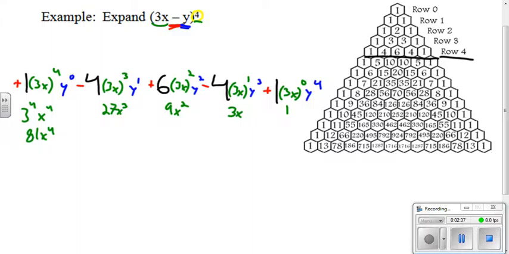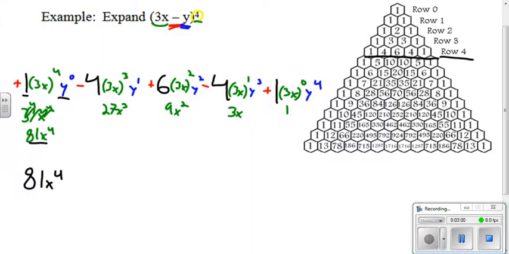So now we've taken care of what each individual green piece, so our x terms, come out to once they are taken to the power. Now we just continue on as we did before. So 1 times our x term, which is actually 81x to the 4th, times our y term. So our first term in the end actually comes out to 81x to the 4th.